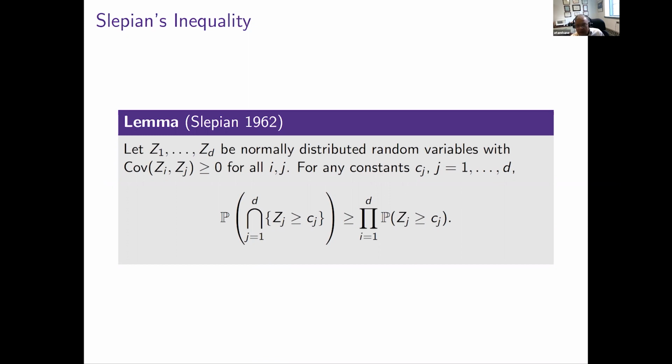The other thing I wanted to say is that Slepian's inequality basically treats the random variables as independent when they are actually positively correlated. Now, there are a whole slew of papers which generalize this idea to introduce positive dependence, where you don't need normality.